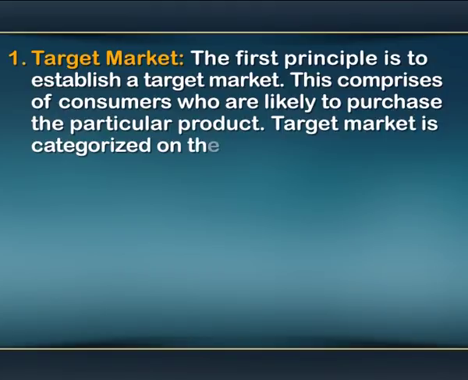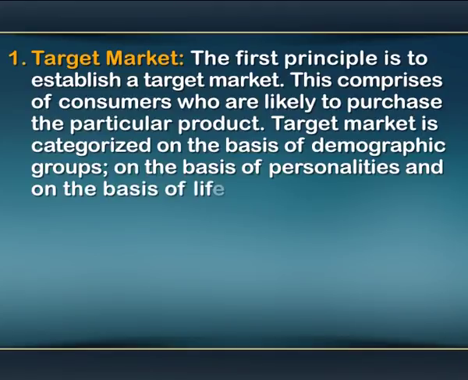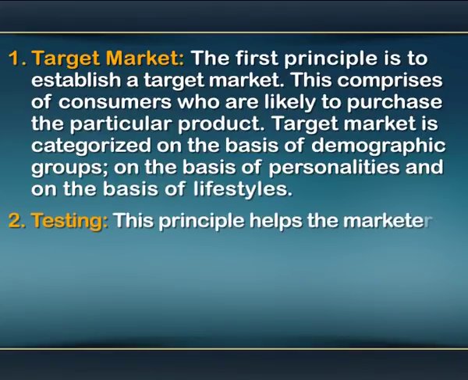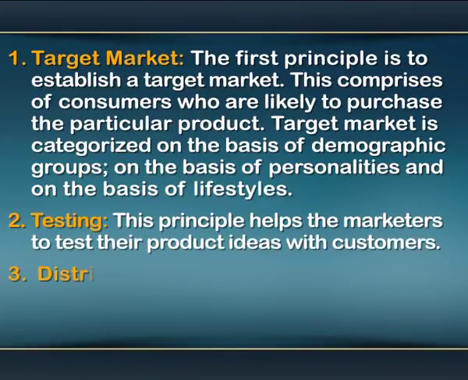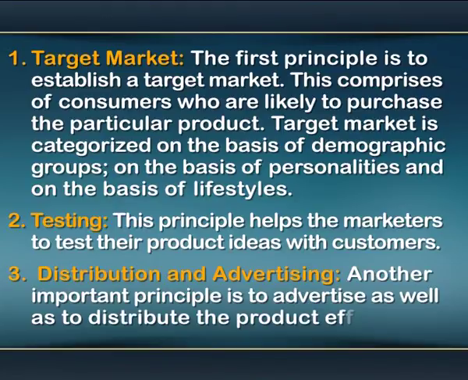Target market is categorized on the basis of demographic groups, on the basis of personalities, and on the basis of lifestyles. Second, testing. This principle helps the marketers to test their product ideas with customers. Third, distribution and advertising. Another important principle is to advertise as well as to distribute the product effectively.